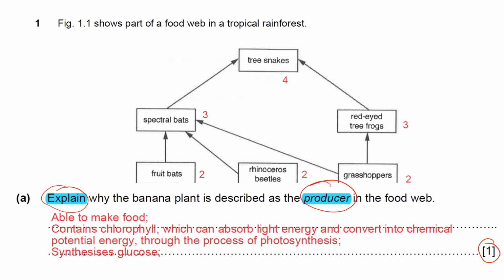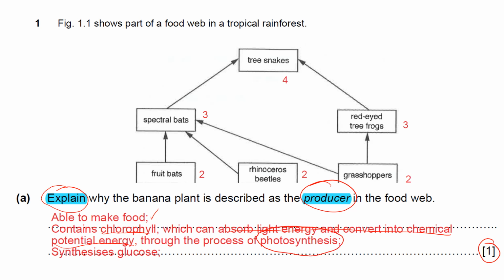For producer, it has the ability to make food, and this is, to me, the easiest phrase ever. You need to elaborate on this, and that is the reason why I'm talking about it. You need to continue by mentioning that it contains chlorophyll, and it can absorb light and convert it into chemical energy, which is from the theory on photosynthesis. So just elaborate, and please write the process down.